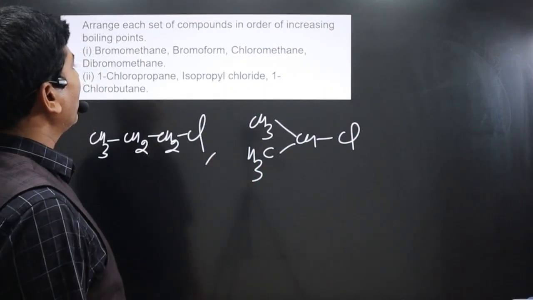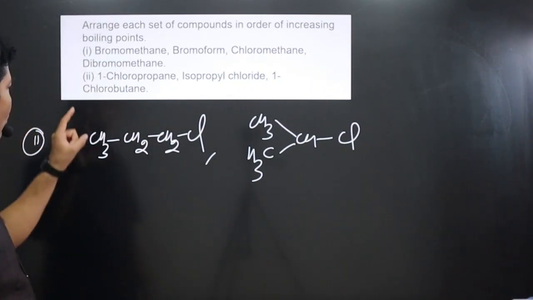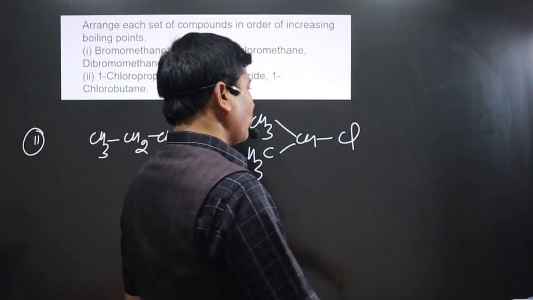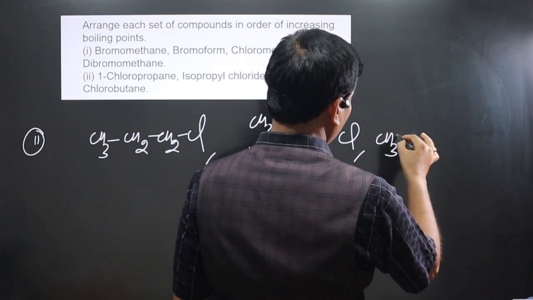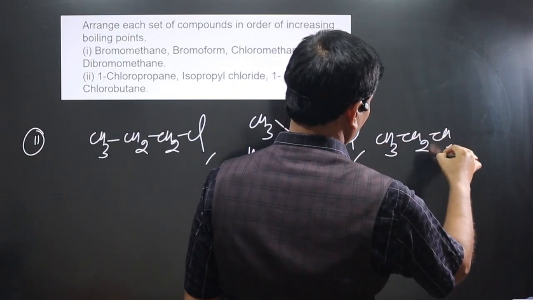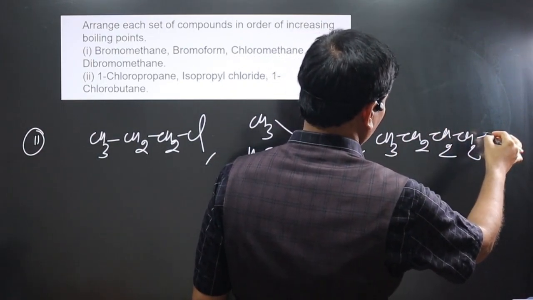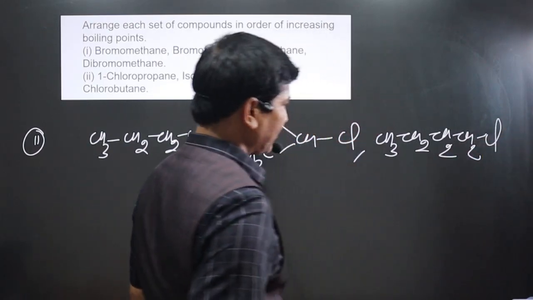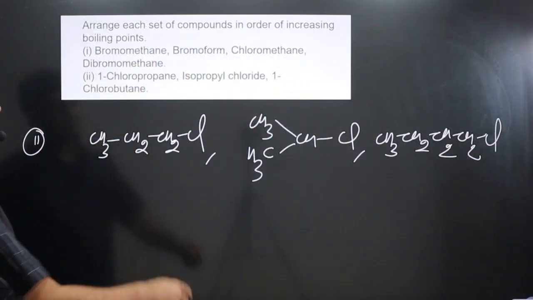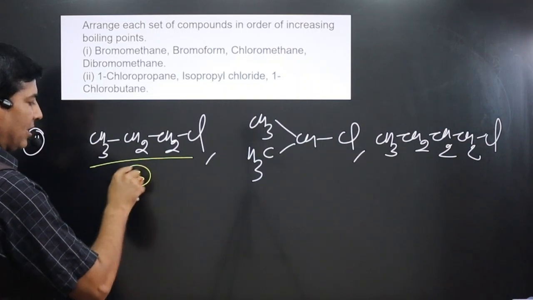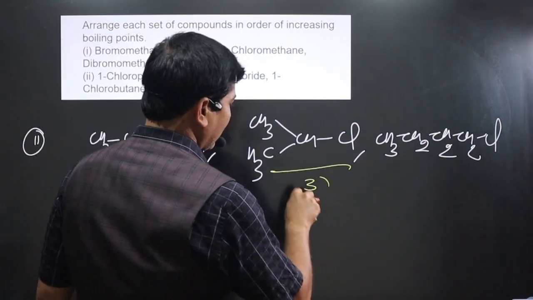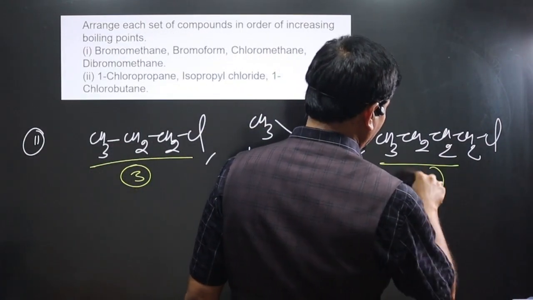Now next we have 1-chlorobutane. We get CH3, CH2, and this is butane, 1-chloro, Cl is there. So in this case you can see 3 carbons, in this case also 3 carbons, and in this case 4 carbons are there. The halogen is the same.